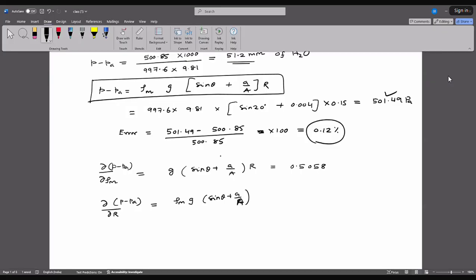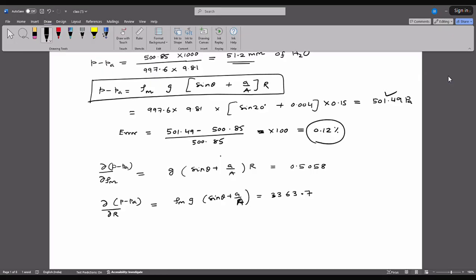If you just substitute the values, you are going to get this as 3363.7.